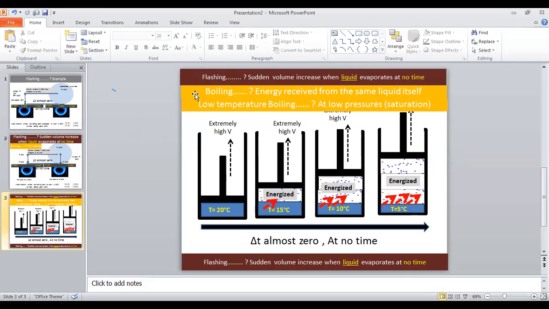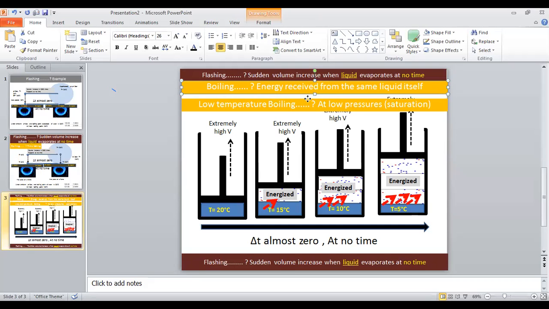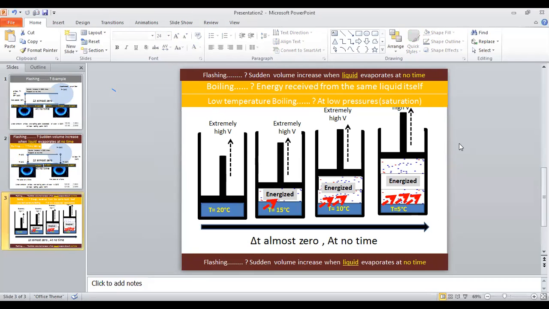Low saturation pressure, so the vapor and liquid together, that is the situation. So these can be saturation conditions, of course. I believe you can understand this. Even I'm learning this one. I would say quite nice.